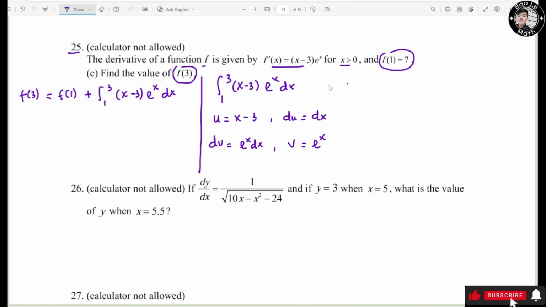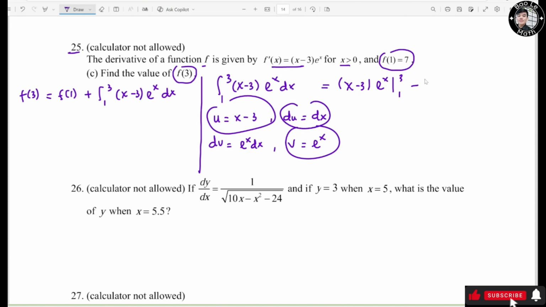So this becomes u times v, (s minus 3) times e to the s evaluated from 1 to 3, minus the integral of v du, which is e to the s ds from 1 to 3.